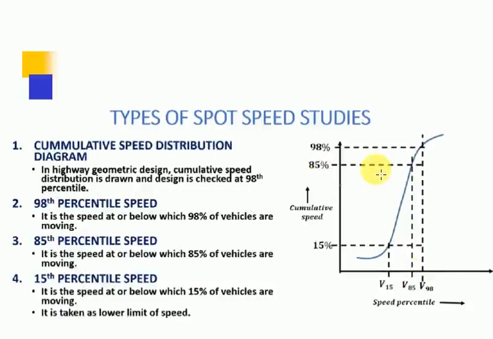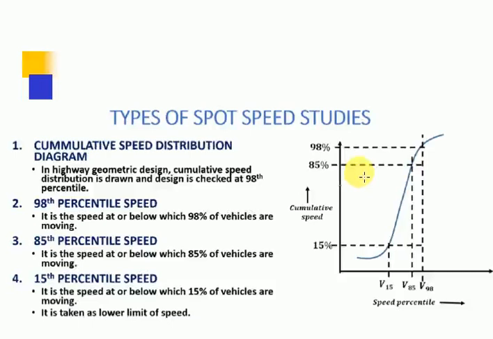The drivers exceeding the 85th percentile speed are usually considered to drive faster than the safe speed under the existing conditions. You can see on the board what the safe speed or design speed is, so that percentage of vehicles is exceeding the safe speed.